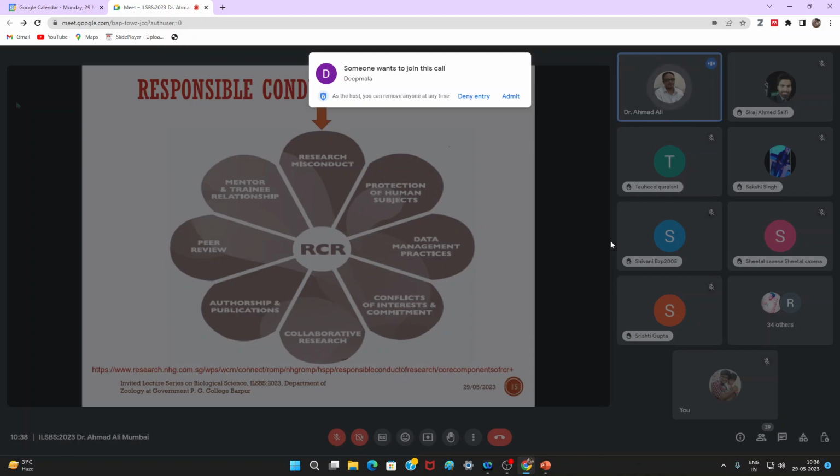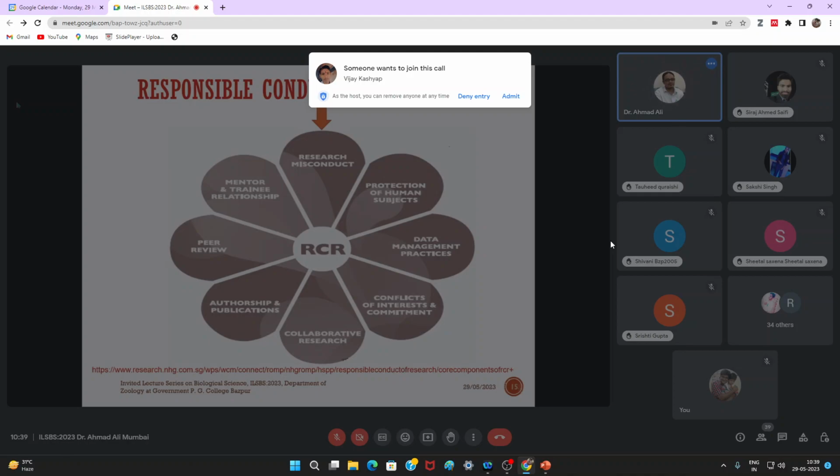Have you received funding for this research or not, and in what way, whether as remuneration, or just for lab requirements. Collaborative research, whether you are working with other labs. Authorship and publication: how many people have worked on this, and who should get first author, last author, and all those things. Peer review, whether the work has been reviewed by an expert committee or not. So all this becomes part of the responsible conduct of research.